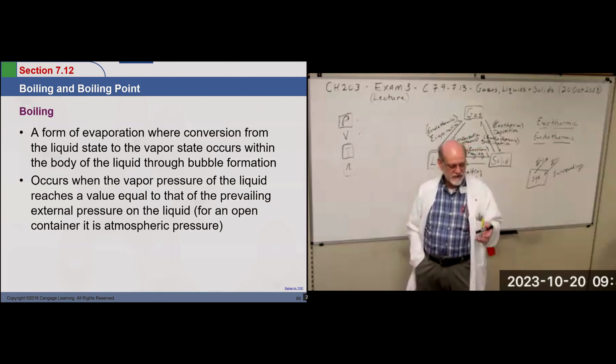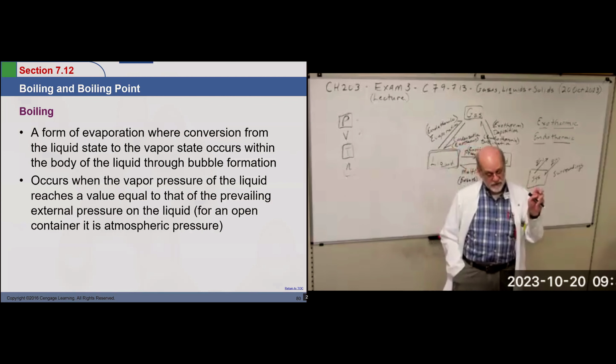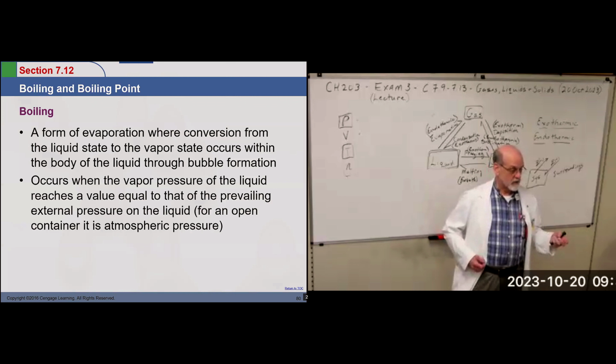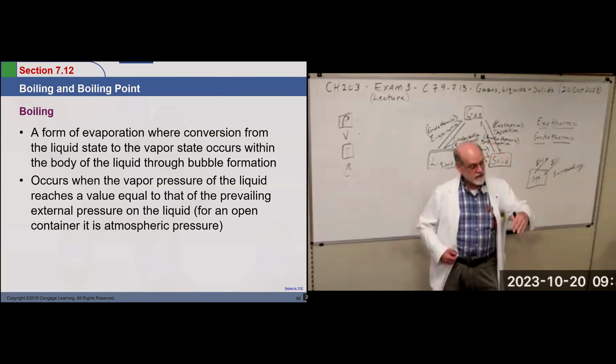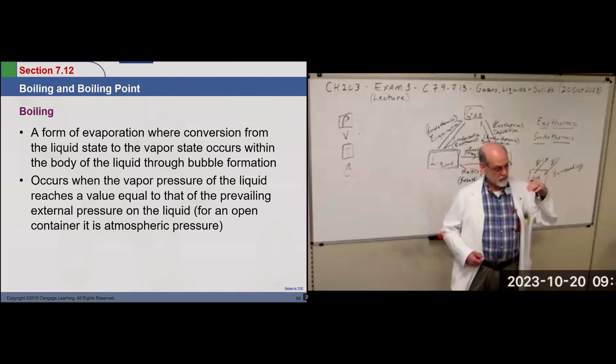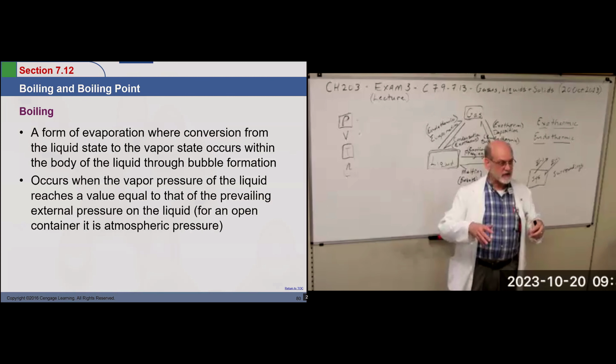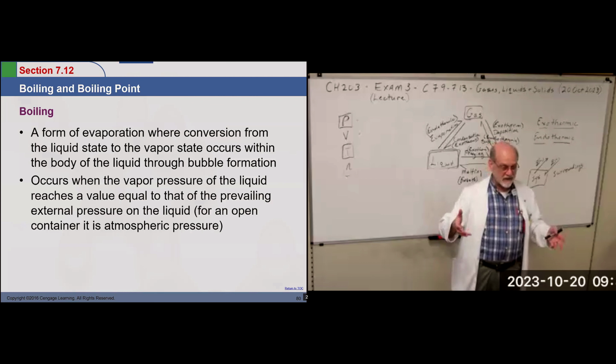So this process occurs when the vapor pressure of the liquid reaches a value equal to that of the external pressure over it. That's why pressure cookers are used when you want a higher temperature inside the cooker than you can generate with an open container.